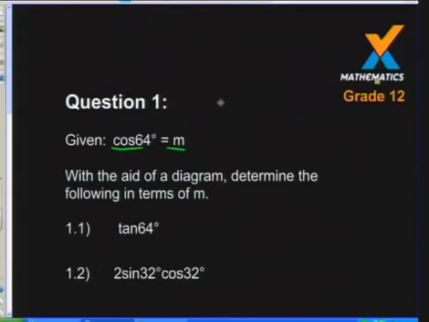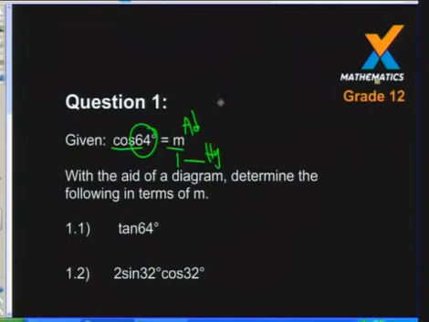What is cos? Cos is adjacent over hypotenuse. In this case, it equals m, so m can be written as m over 1. So we can have a right angle triangle with 64 degrees, where m is the adjacent and 1 is the hypotenuse.